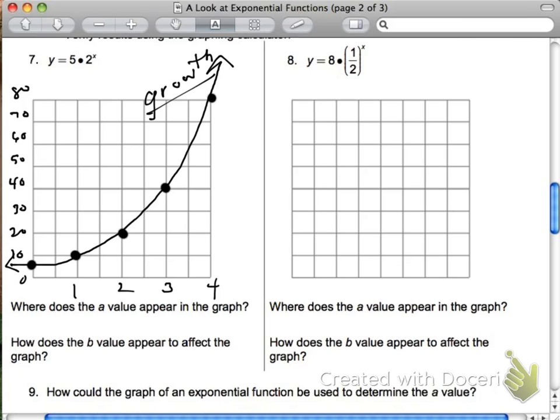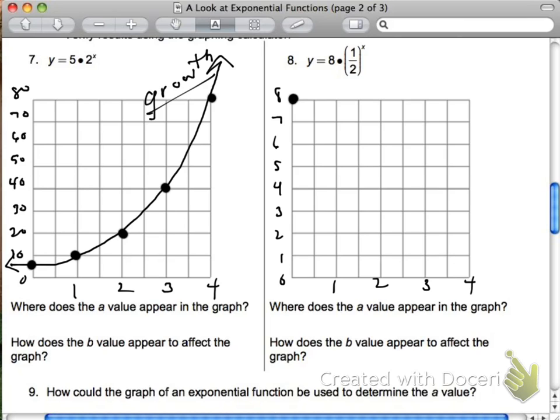Now let's graph the next one. I'm just going to do 0, 1, 2, 3, 4, 5, 6, 7, 8, because the highest number in my table was 8. Over here, I'll do the same thing, 1, 2, 3, and 4. When x is 0, y is 8.